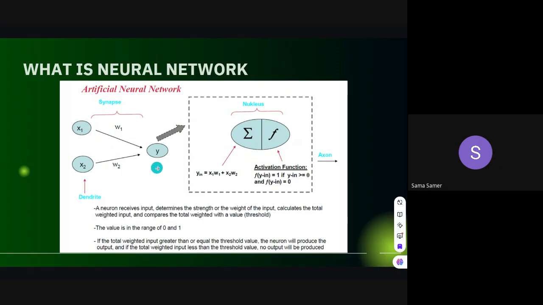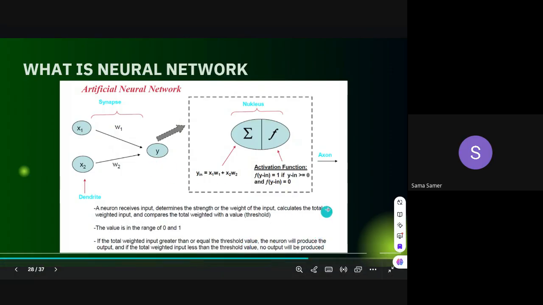If the total weight of the input is greater than or equal to the threshold value, then it will produce an output. If the total weight that we have, which is x1 multiplied by w1 plus x2 multiplied by w2, is less than the threshold, then no output will be produced.